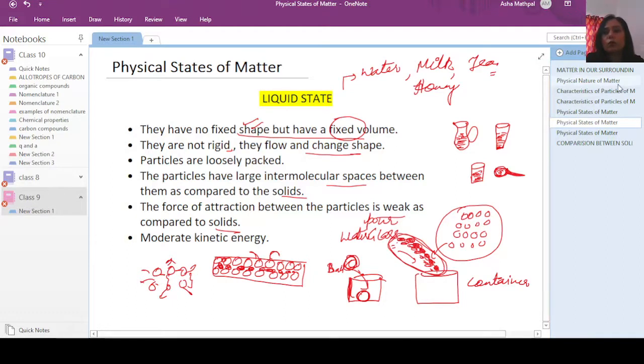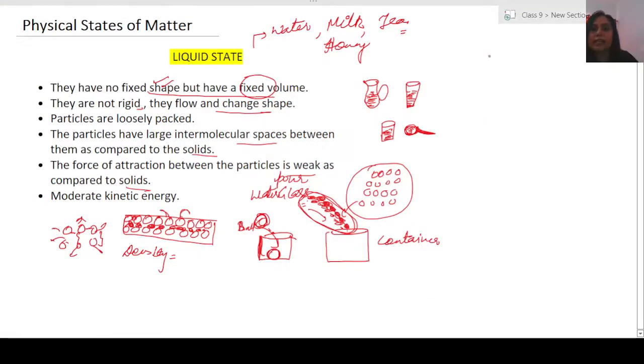Now let us go to the gaseous state. First, density: of course, liquids have less density as compared to the solid state. I'll give an example. Suppose this is a cube, and this is another cube of the same size, everything is the same.